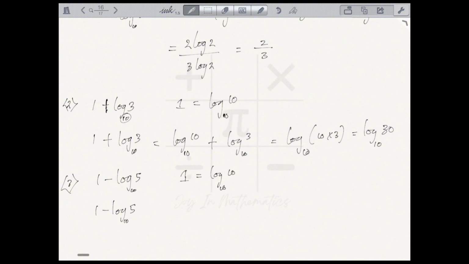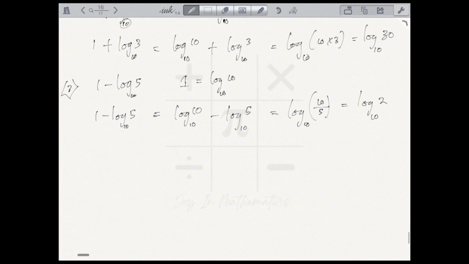If we are considering base 2 now, we'll take this as base 10 for now, then our next question will be base 2. So this will be log 10 to base 10 minus log 5 to base 10. So this brings us to the subtraction law. So this will be log 10 divided by 5 to base 10, and this will be log 2 to base 10. Now what if it is not base 10?